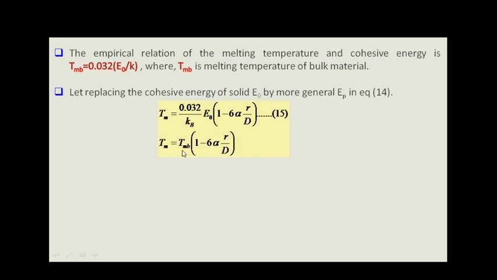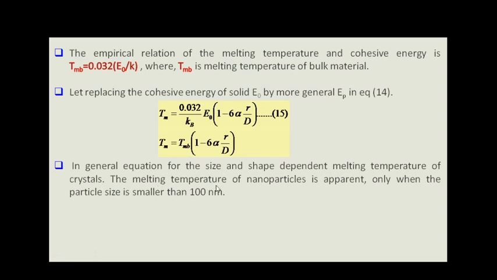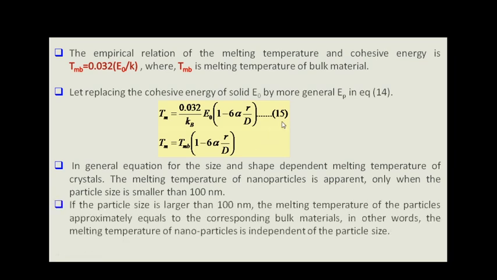So you can say the melting temperature of the particle will be similar to the bulk material. That means above 100 nanometers you are not finding any particular significance of the size effect. But if it is smaller than this, then obviously equation 15 will give you clarity about the melting point. So this is some mathematical understanding of it.